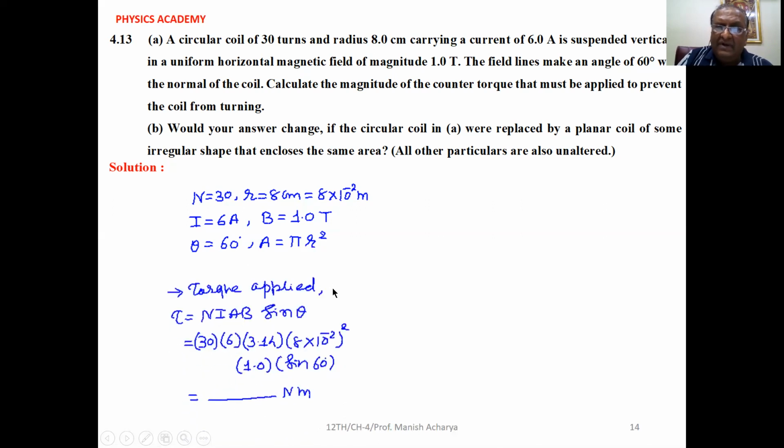So the torque applied is equal to the torque acting on it. So torque tau is n I A B sine theta. N is 30, I is 6, A is 3.14, B is 8 into 10 raised to minus.